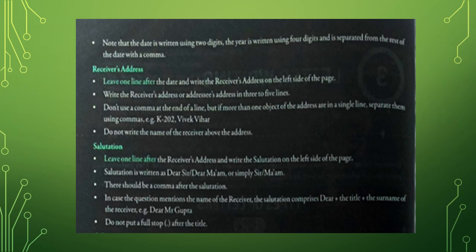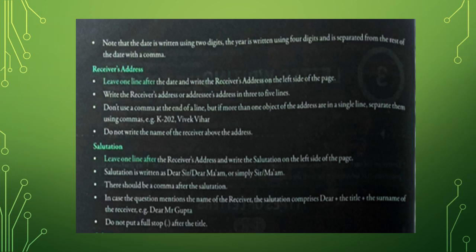Then the receiver's address: you will leave a line after the date and write the receiver's address, that is the to address, on the left side of the page. Write the receiver's or addressee's address in 3 to 5 lines, maximum 5, not beyond that. Here also you should remember, you're not expected to use commas.